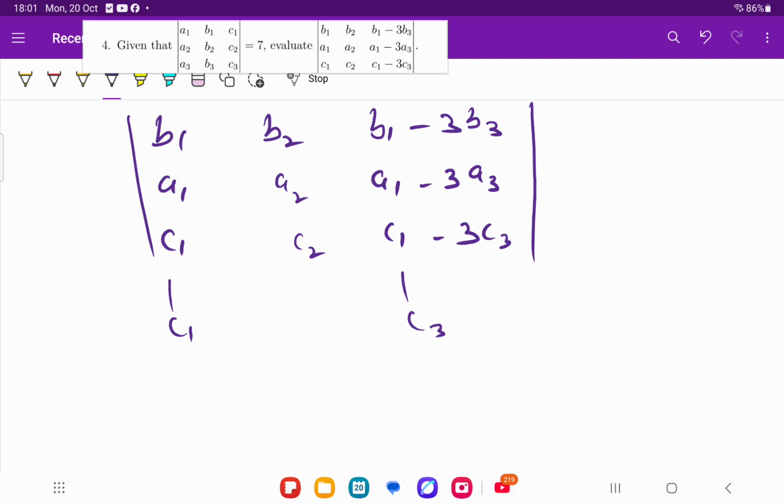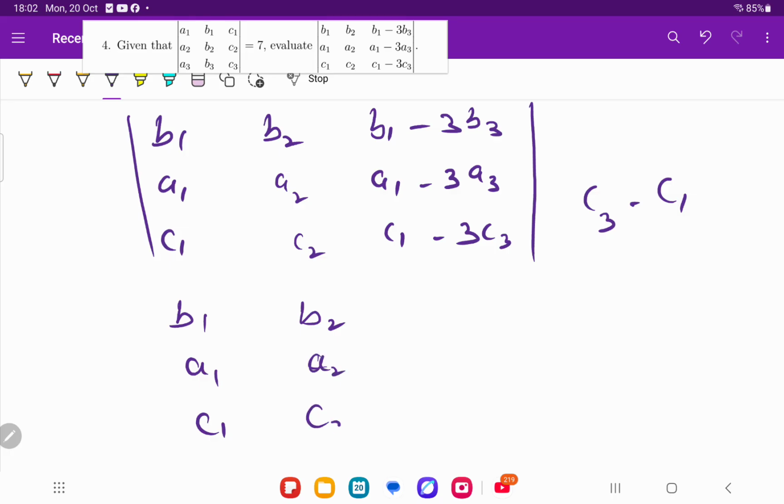That is C1 minus C3, where C represents columns, not the elements c1 and c2. Column 3 stays, and the first column becomes C1 minus C3. The b column will remain as it is: b1, a1, c1, b2, a2, c2.